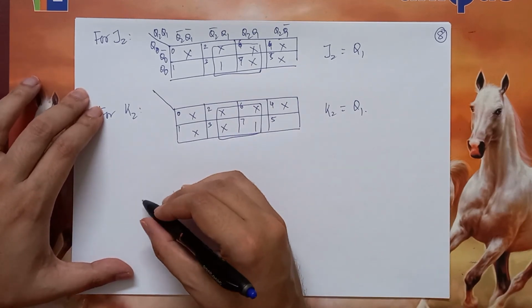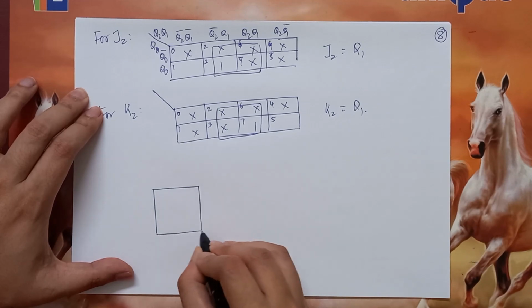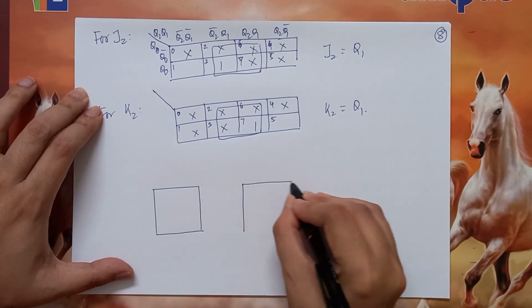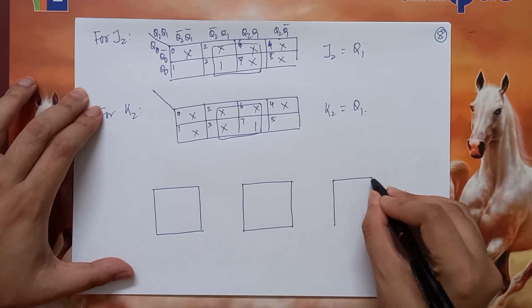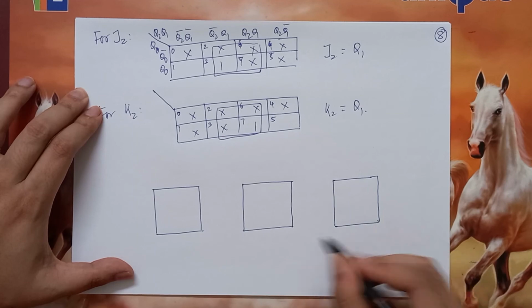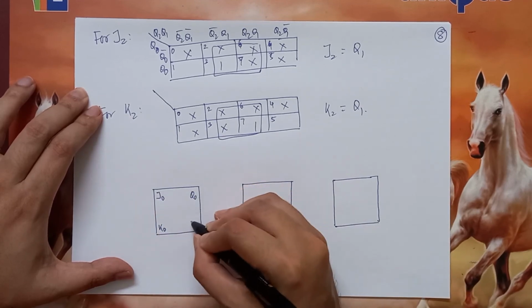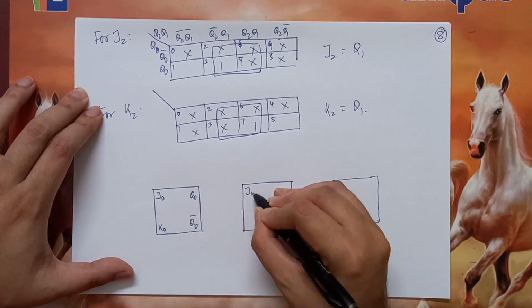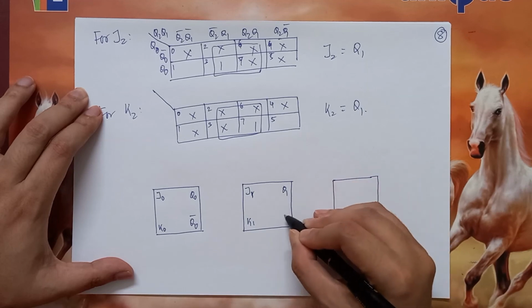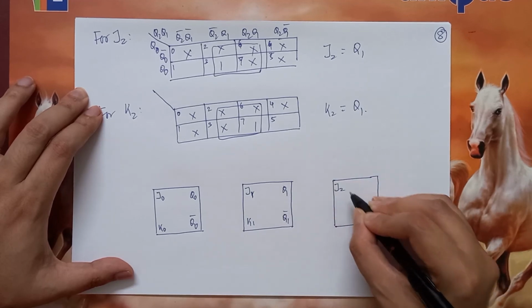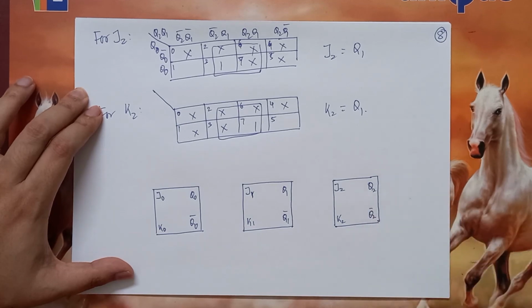So the circuit now would look something like this. Let's say J0, K0, Q0 and Q0 bar, J1, K1, Q1, Q1 bar, J2, K2, Q2 and Q2 bar.